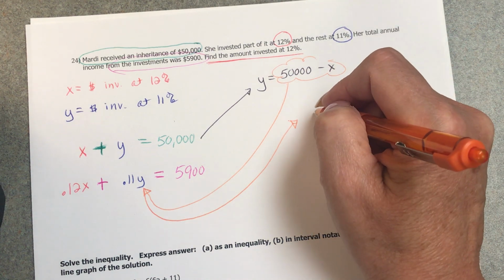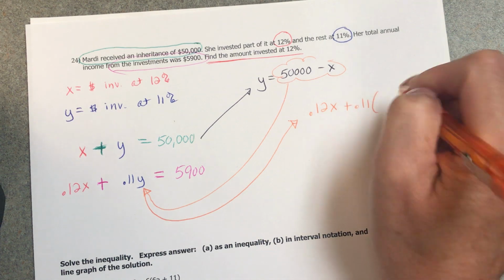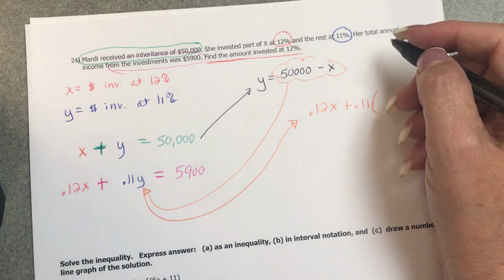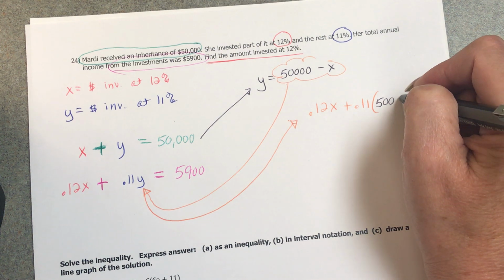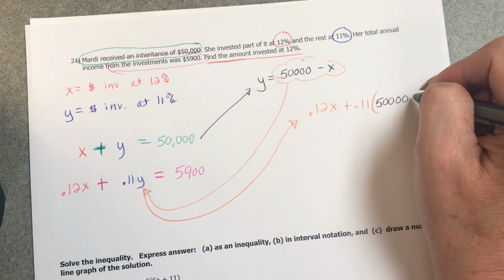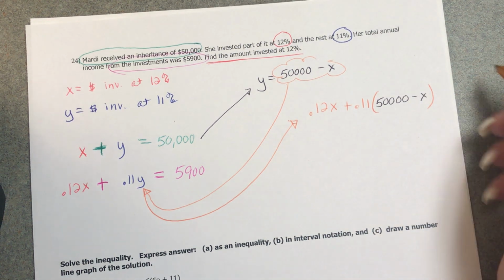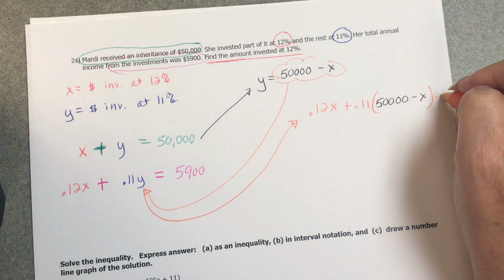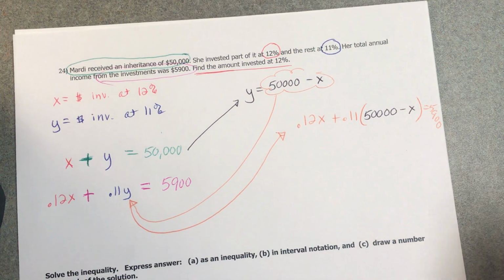so that I'm going to have 0.12x plus 0.11 times the quantity 50,000 minus x, which is going to equal 5,900.